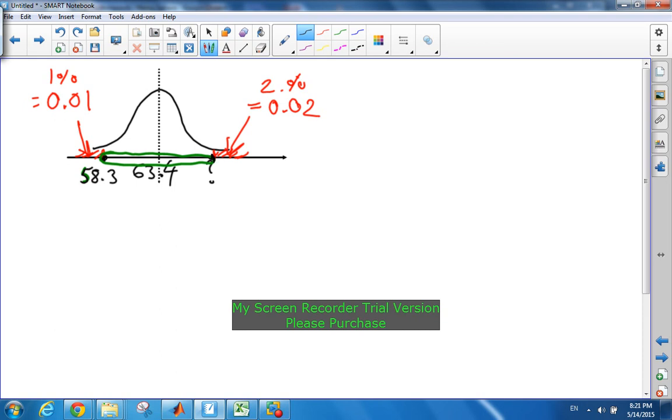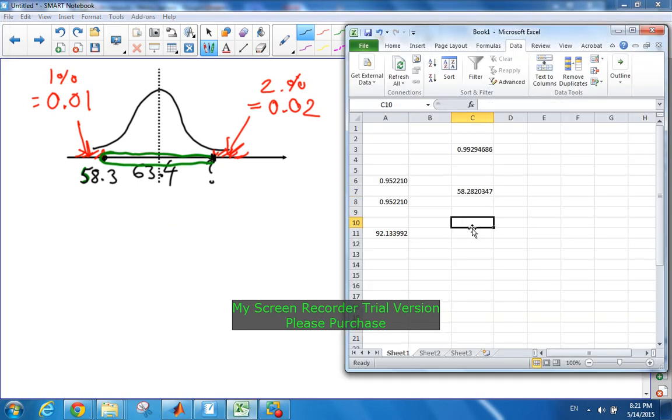And for the other one, we can still use inverse cumulative distribution. Because the upper tail is 2%, the lower part is 98%, so this area here is 0.98, the cumulative probability. So what is the x value that corresponds to cumulative probability 0.98?